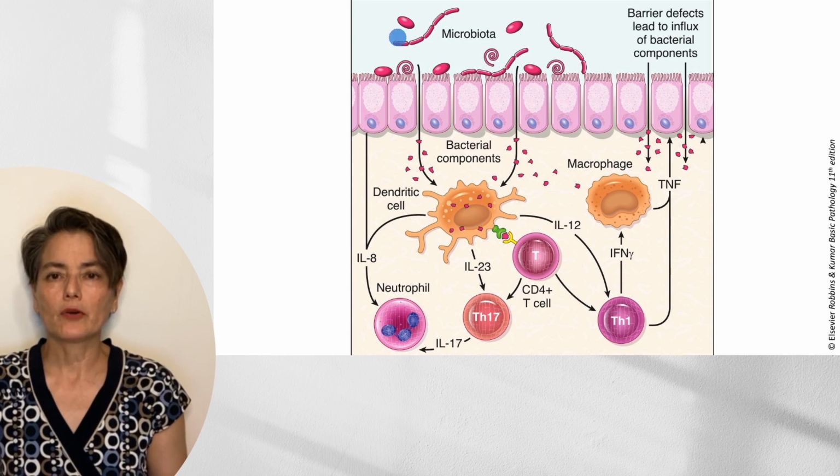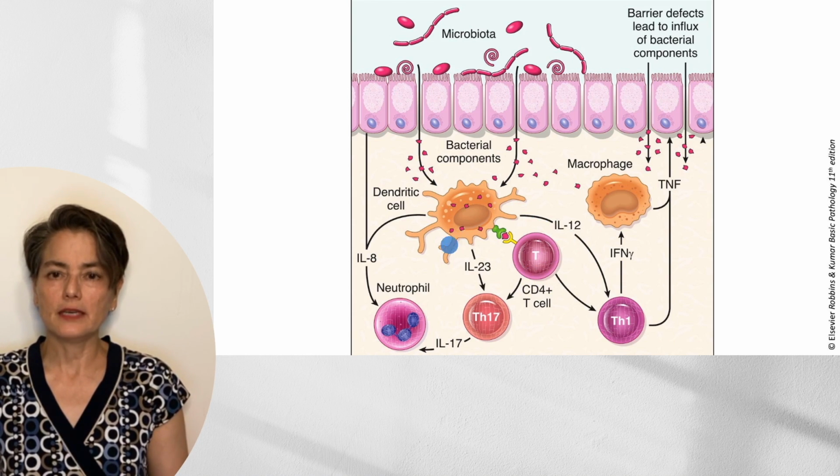So we have our microbiota here. Bacterial components come through, perhaps a little bit of barrier dysfunction. The dendritic cell scoops those up, presents it to the CD4 positive T cell, and the dendritic cell says here, some IL-23, differentiate along Th17, secrete some IL-17, recruit some neutrophils.